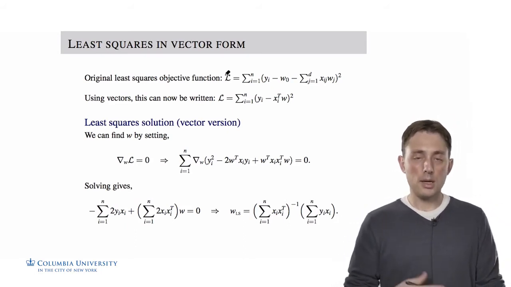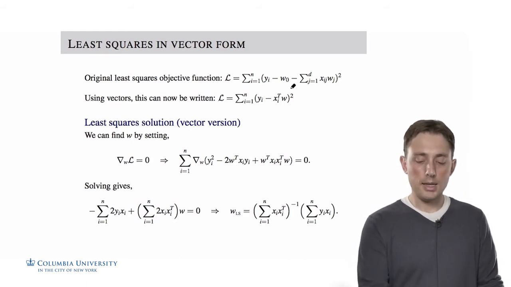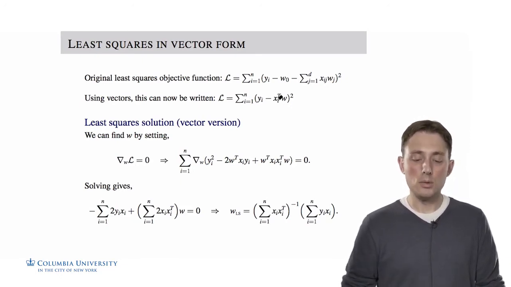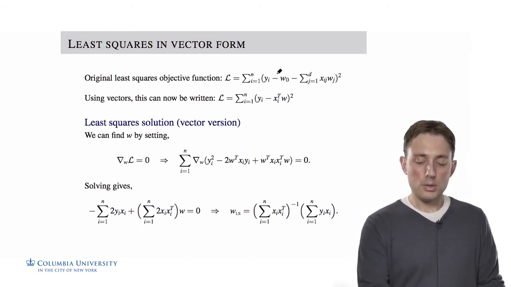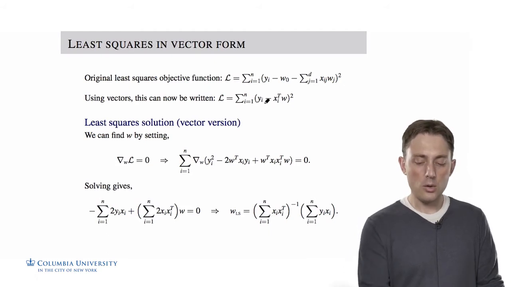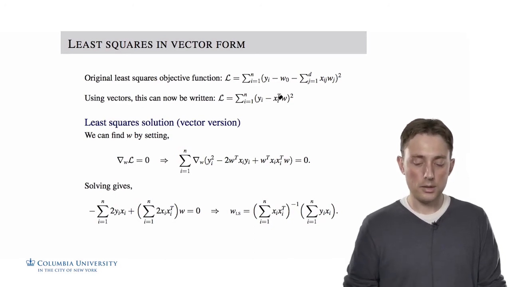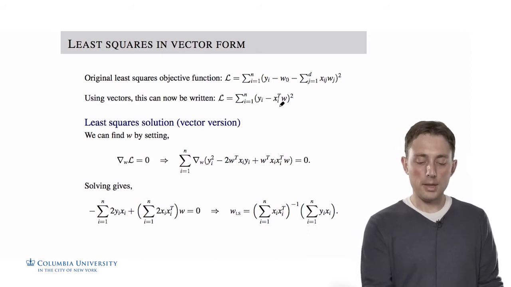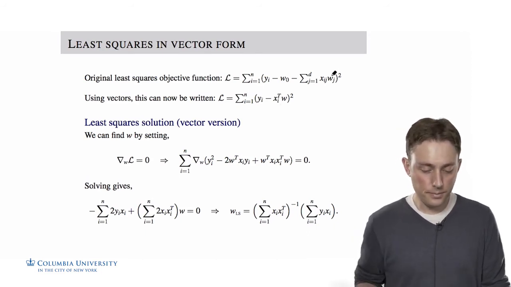And so using vector notation, we've simply taken this term here and written it as a dot product between the input xi and the coefficient vector w. This is simply equal to this according to our definitions previously. And so now we have our output is approximated by the dot product between the inputs and the coefficient vector w. We square the error, sum it up, and we have that this is equal to this.